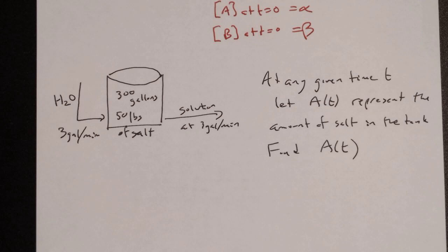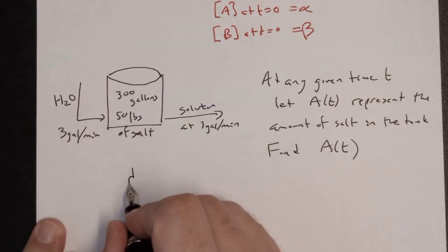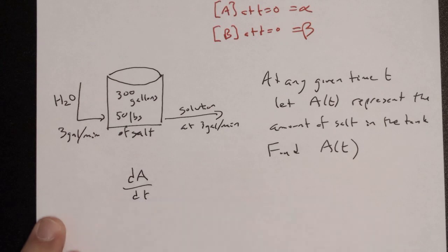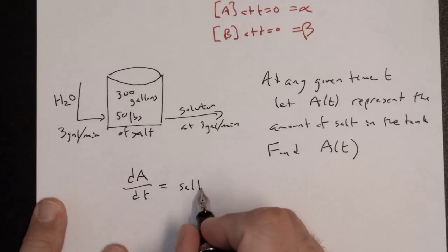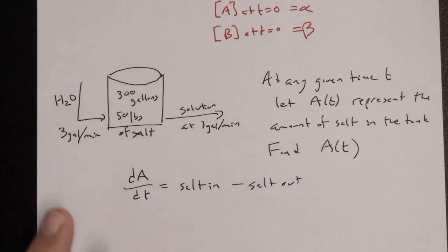I'm going to use a derivative. I don't know much about the salt, but I know that the salt is changing. So let's look at dA/dt. By definition, that is salt in minus salt out. Because that's what's happening in this tank that I am mixing up.